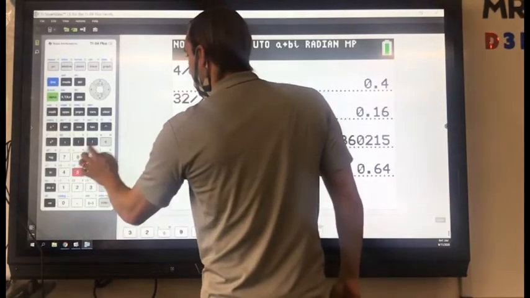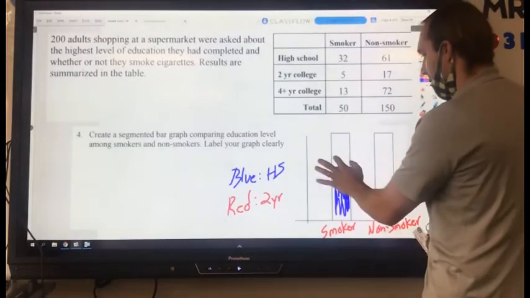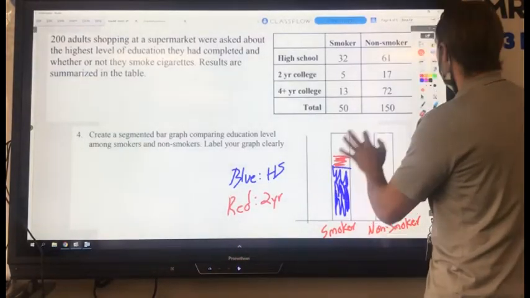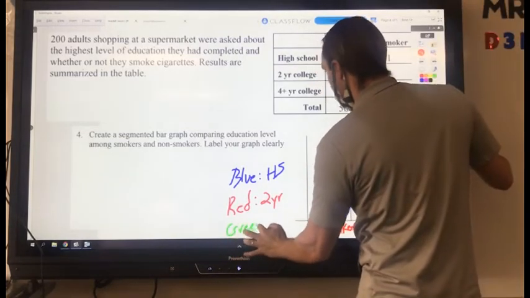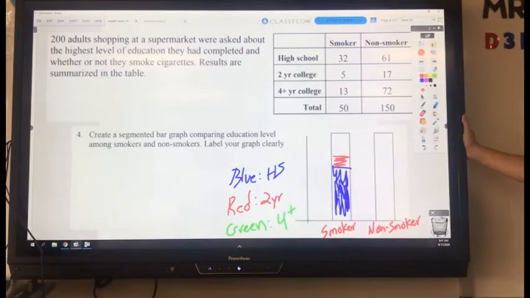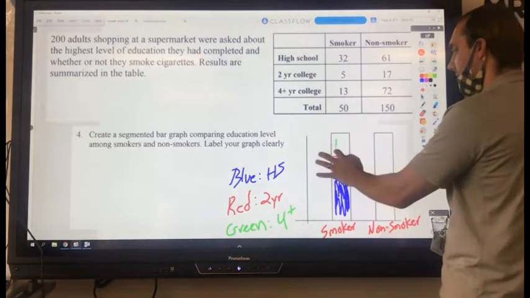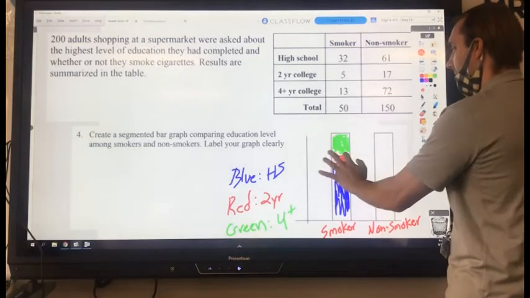So take the number 5, divide it by the total, 10%. So let's say roughly here, and then we'll do green for 4 plus. What do I divide to get that percentage? 13 over 50, which I would say roughly is the rest of this table here.